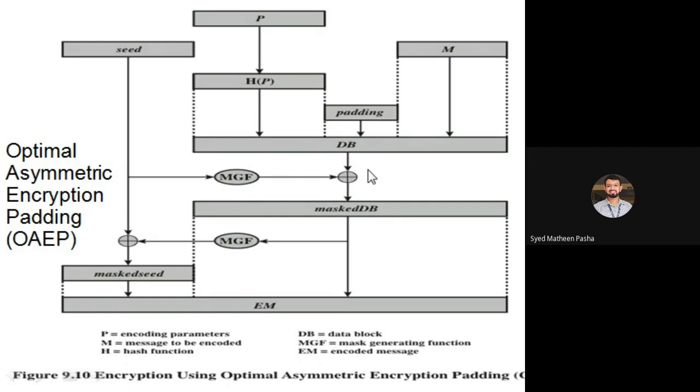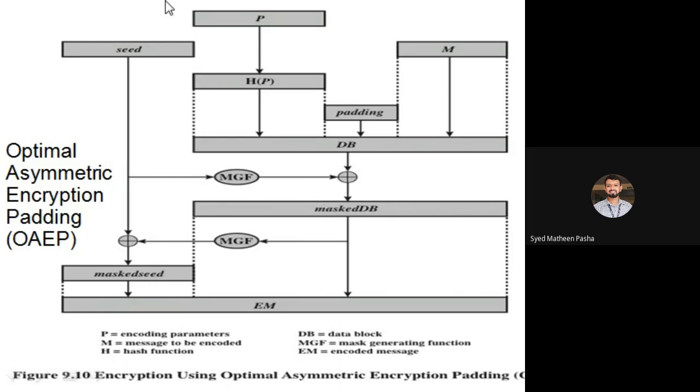Now on this masked data block, I'll be applying some mask function so that I finally get one encoded message there. So the input will be your normal message and the output will be your encoded message. The main function we use in this technique is your mask generating function, that is nothing but applying some mask on the data for some limitations.